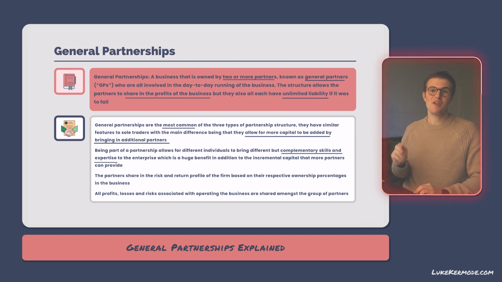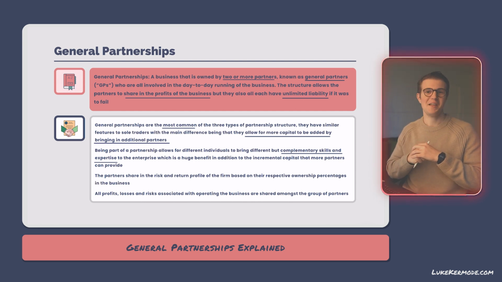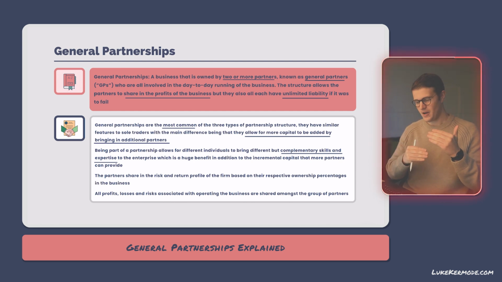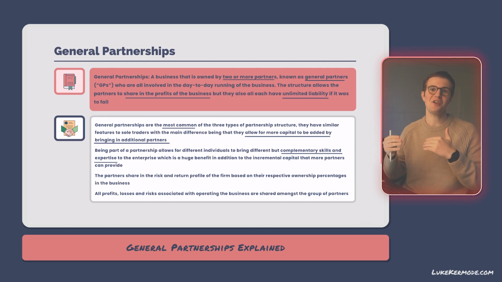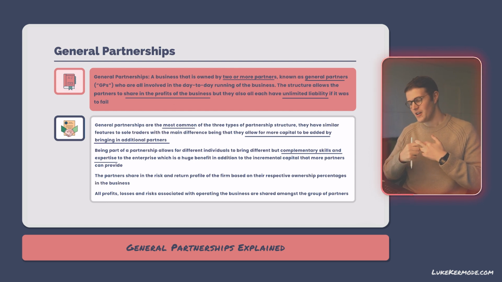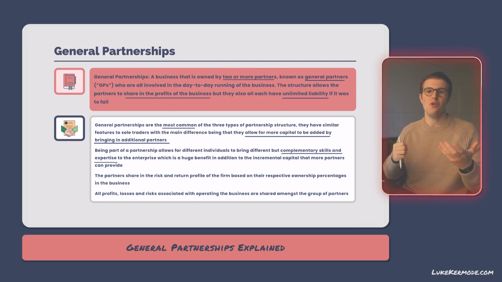The partners share in the risk and return profile of the business based on their respective ownership percentages. The more you own in a partnership, the greater exposure you have to the profits, but also the losses if the business struggles. The partnership generates revenue and profit, and then depending on the partner's ownership stake, they will take home that proportion of the profit.